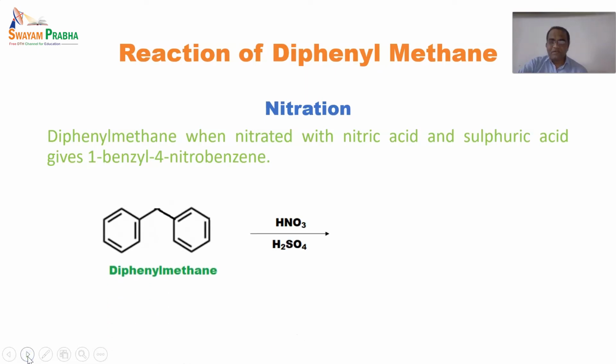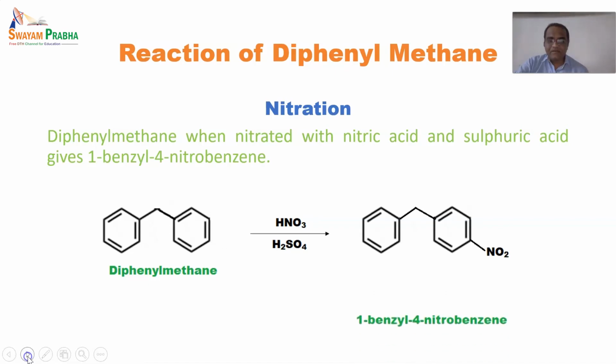The structure of diphenylmethane and the nitrating mixture, that is nitric acid and H2SO4, generate a nitronium ion. So it is an electrophilic aromatic monosubstitution type of reaction, and it forms the nitro product at the 4th position.